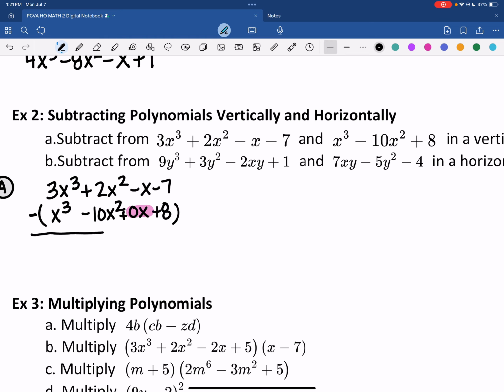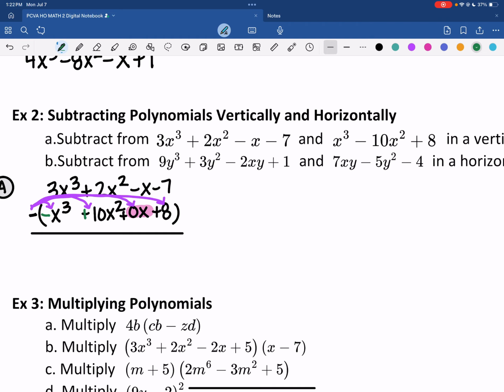Now, personally, what I recommend is to go ahead and distribute the negative. When I say distribute the negative, that means this negative, I'm going to distribute to everything in that parentheses so that I don't mistake anything and mess up. So when I do that, that's going to become a negative x cubed. That's going to become a positive 10x squared.